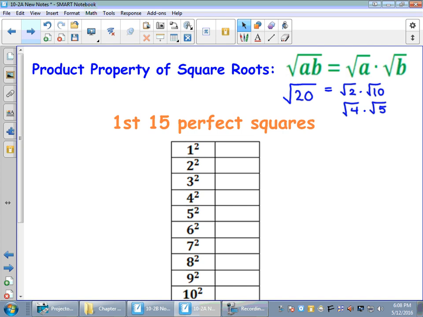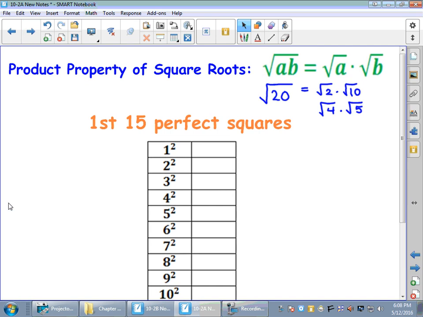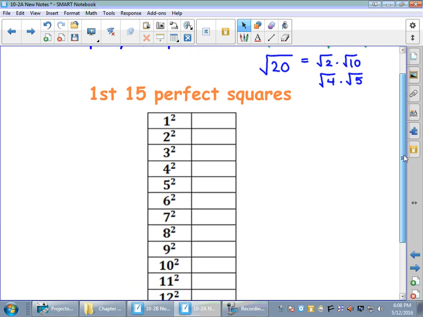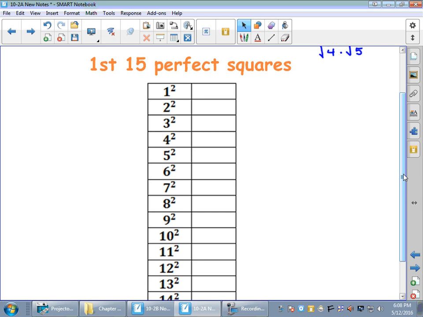Before we do that, let's go ahead and go through our first 15. I'd actually like it if you had 20, but the first 15 perfect squares. So 1 squared is a tricky one because everybody forgets about 1 squared, but it's perfect. 1 times 1 is 1. 2 squared is 4. 3 squared is 9. 4 squared is 16.